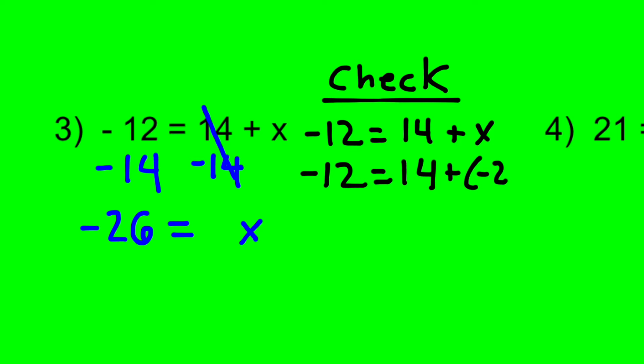In this case, it was negative 26. Now check, is that true? Does 14 plus negative 26 equal negative 12? Well, these signs are different, so we subtract. And we have more negatives, so for sure, both sides of the equation are true. Negative 12 equals negative 12. Check.